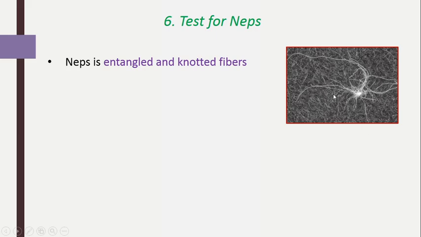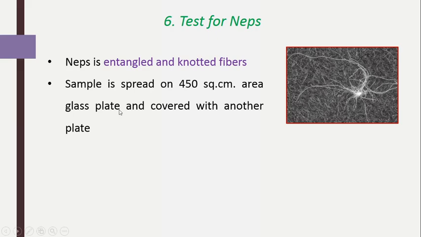The number of NEPS present in the absorbent cotton is determined by spreading the sample, the absorbent cotton, over a 450 square meter area of a glass plate.